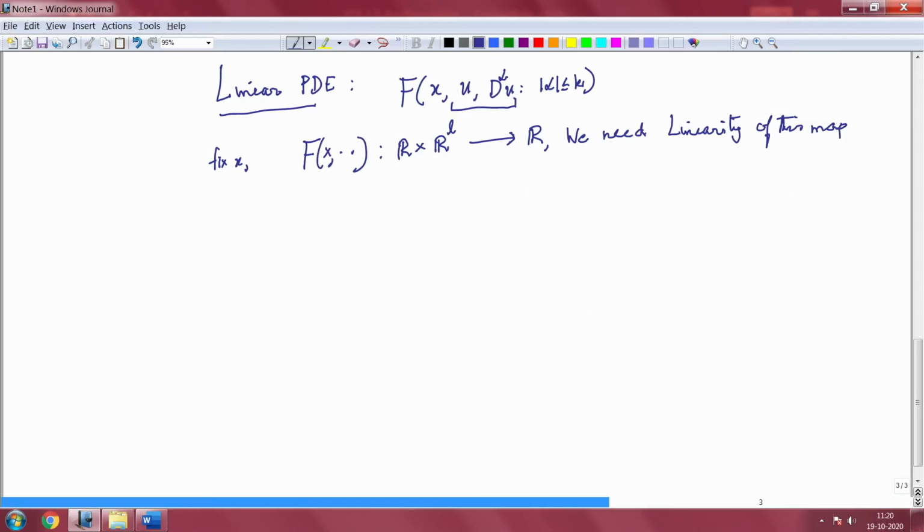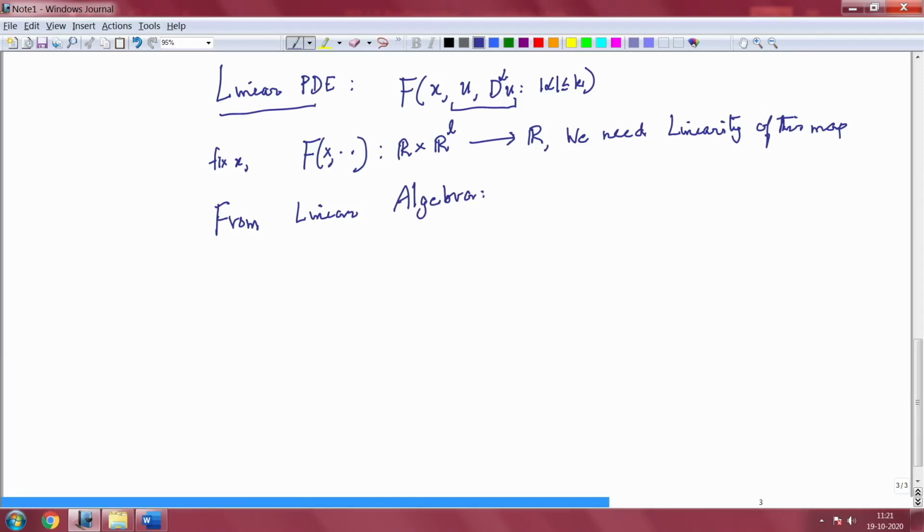So, from linear algebra, you can have a form.